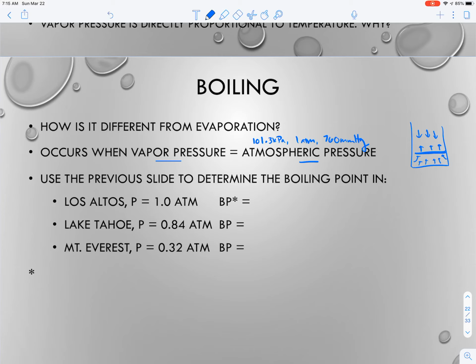Whereas evaporation was just at the surface, the boiling starts to happen all through the liquid at that point. And that's where there's like a qualitative change from evaporation to boiling. So we would say boiling only happens when the vapor pressure equals the atmospheric pressure and happens throughout the liquid rather than just at the surface.